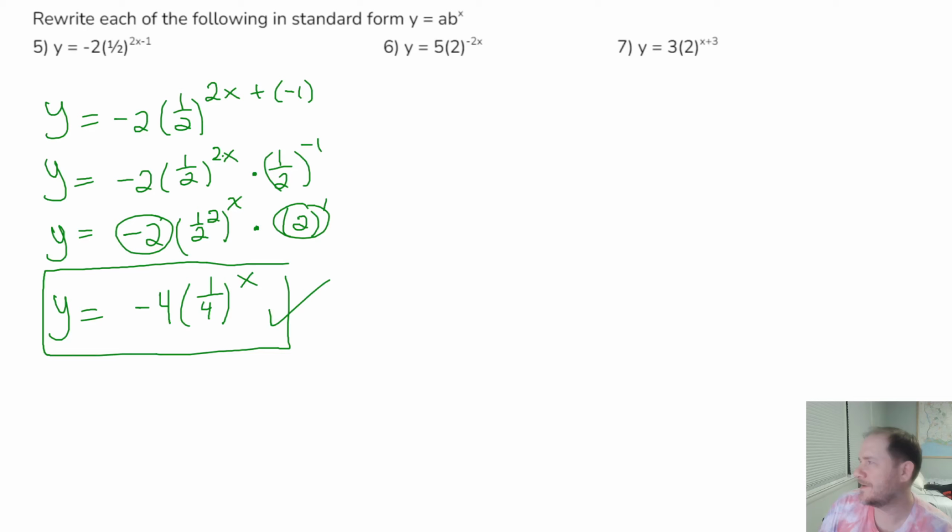So let's try 6 now. And 6 really only has the one thing. It's just a product. And when you see a product in your power, you want to break that down as power to a power. So this would become coefficient of 5. The base stays 2. And we're raising that to the power of -2, but raising that to the power of x. So it's like power to a power.